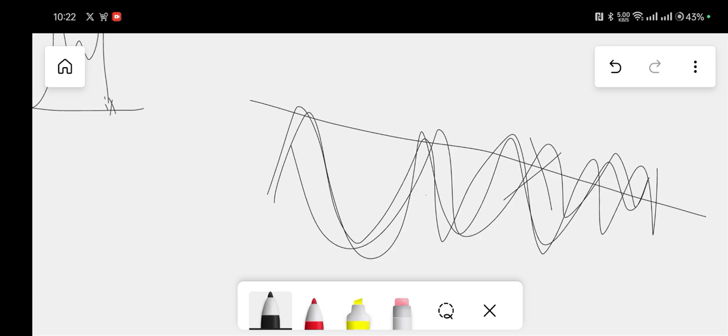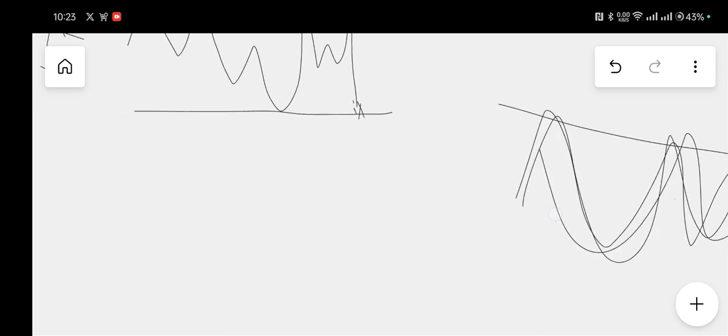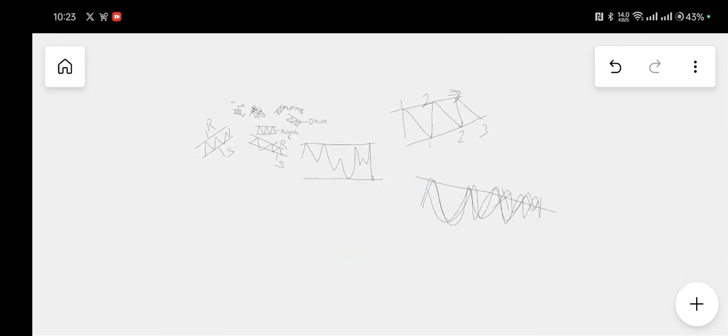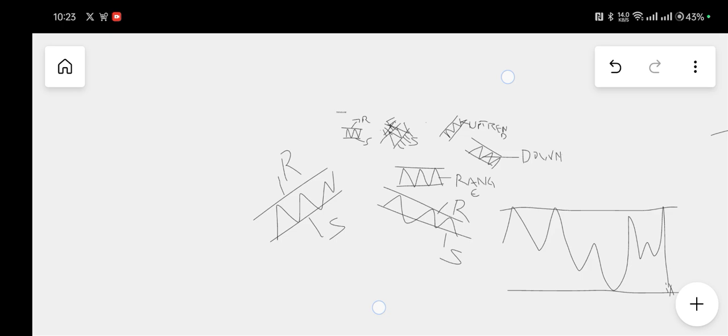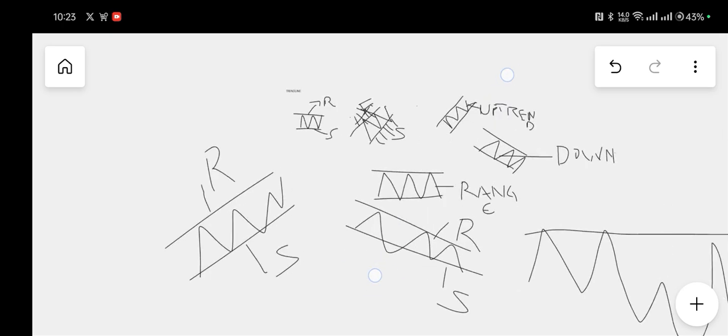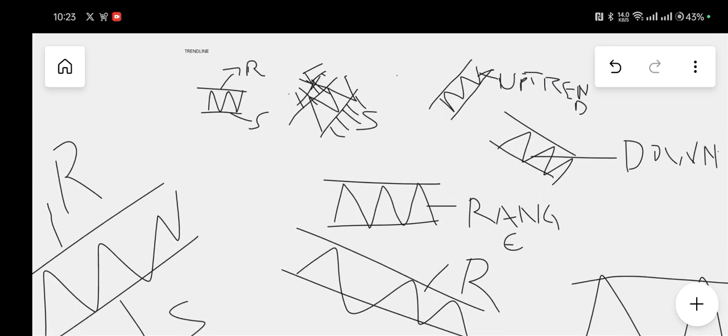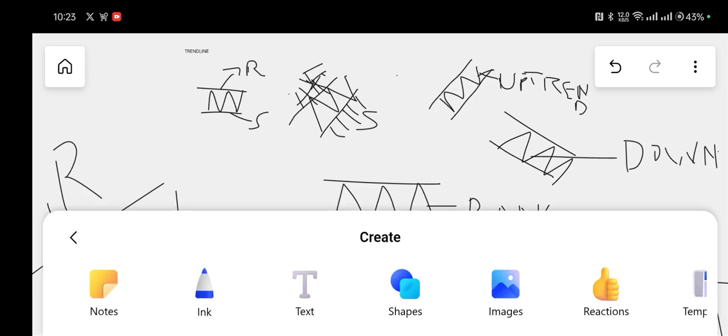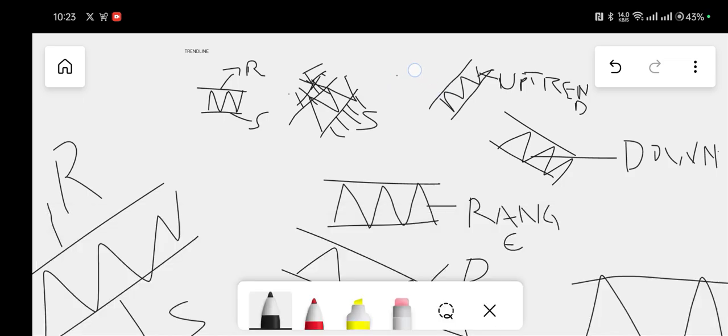And I said how to connect the trend line for an uptrend. We already did that for the uptrend here. We said a trend line must touch at least 2 points in the market, either the highs or the lows.